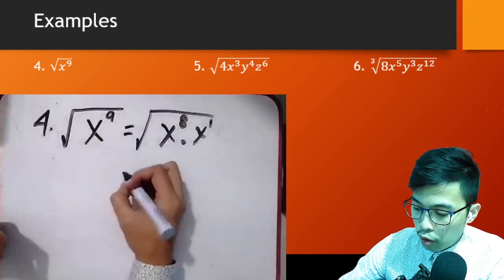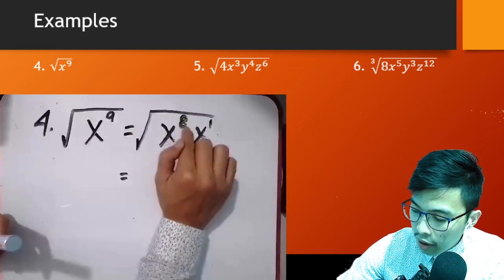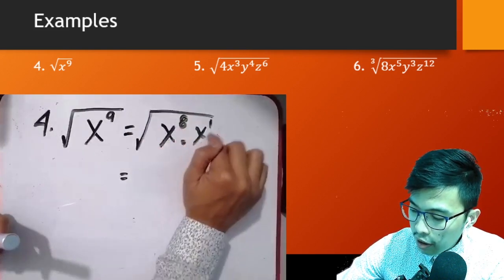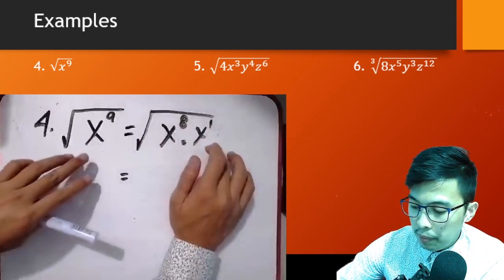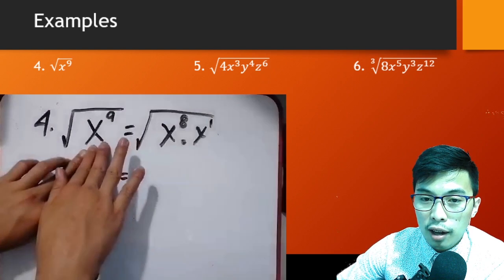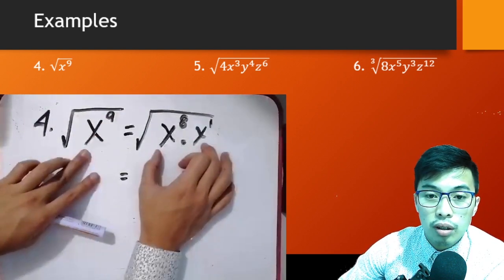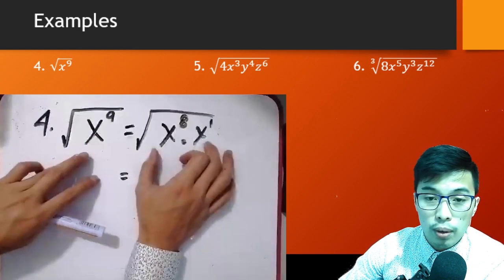Okay, mamaya explain ko kung paano natin nakuha. Again, x raised to the power of 8 times x raised to the power of 1 is just simply equal to this. So, parang pinactor lang natin, kinuha lang natin yung factors ng x raised to the power of 9, pero equal pa rin siya dito. Okay, dapat equal pa rin yung gano'n.